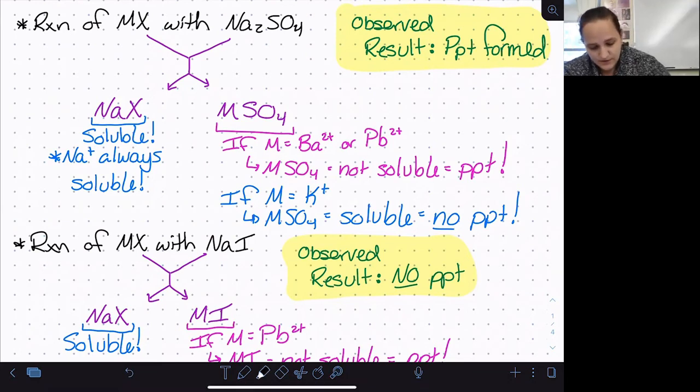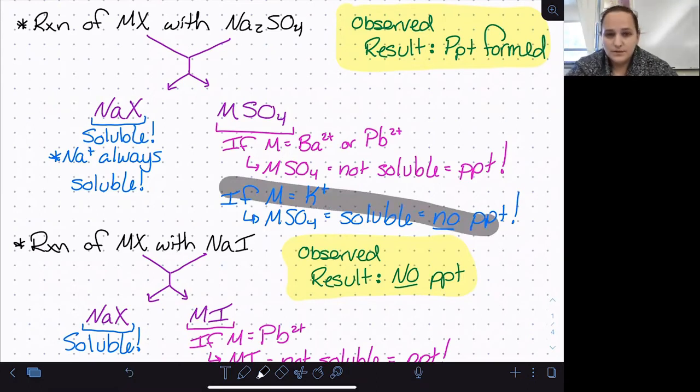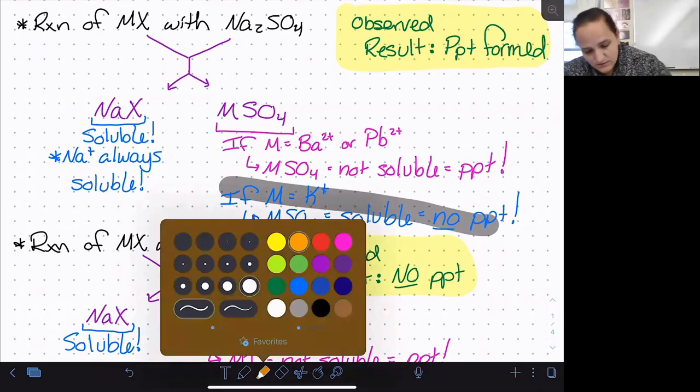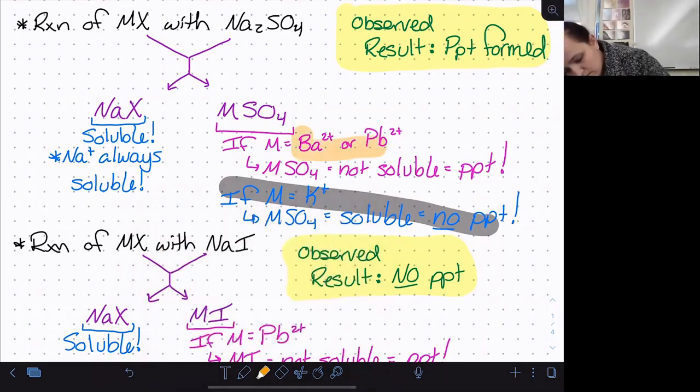So we know that it can't be potassium. A precipitate did form, so our cation, M, has to be something that is not soluble when it is paired with sulfate. So that narrows it down to either barium or lead.